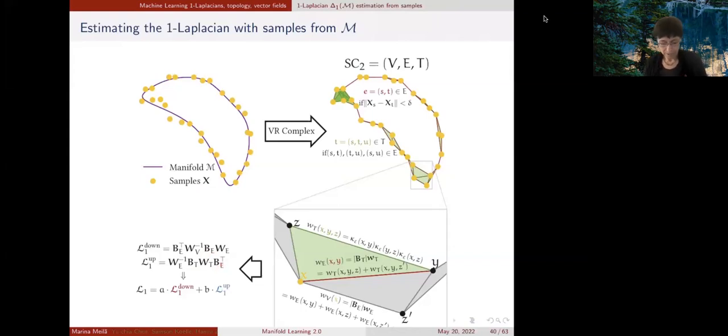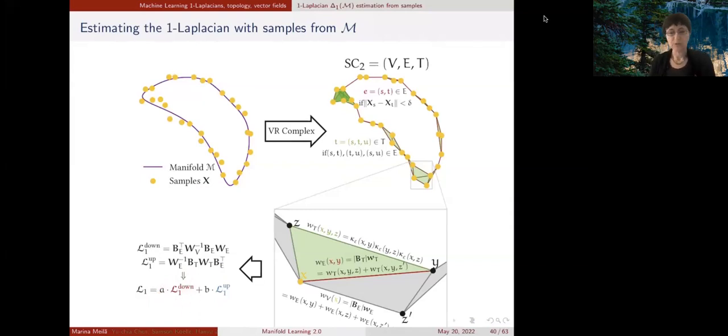And the W's are just some weights. And any first order Laplacian, actually any Laplacian that's higher order than 0, has two components, a down component and an up component. In our case, the first order Laplacian, which is an operator on edges, has the down component, which depends on the relationship between edges and nodes, and the up component that depends on the relationship between edges and triangles.